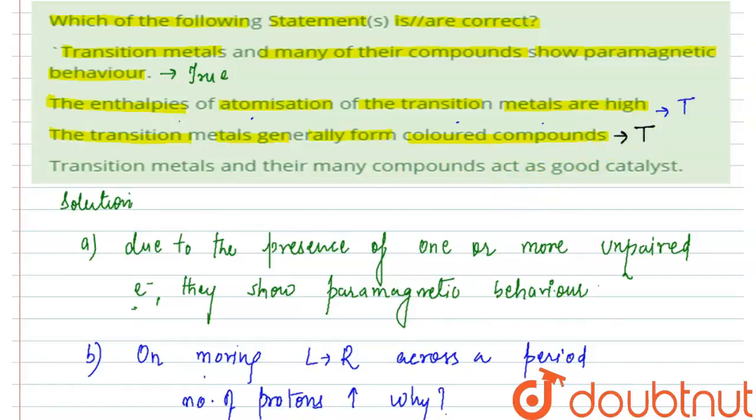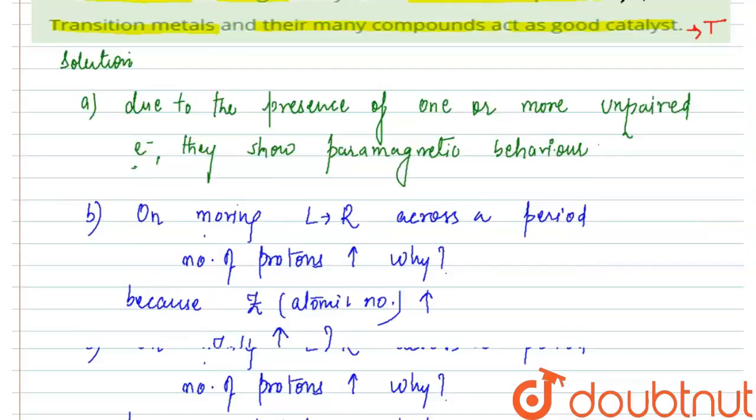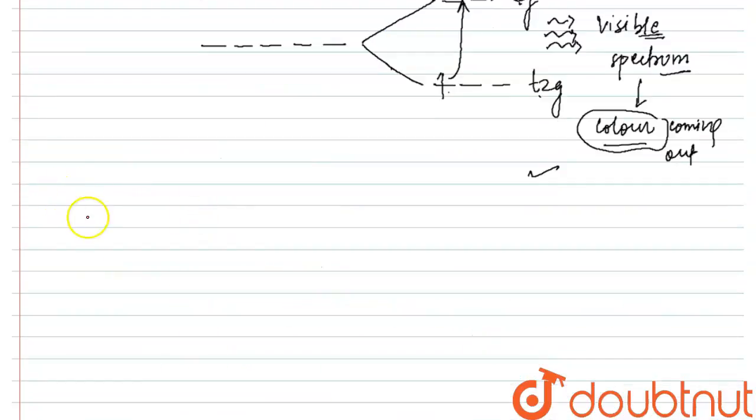Now moving on, the last one that we have here: transition metals and their many compounds act as good catalysts. So this is also true. Why? Let us try and analyze it. First of all, transition metals have variable oxidation states, so they have a number of oxidation states which makes it easy for them to form complexes.